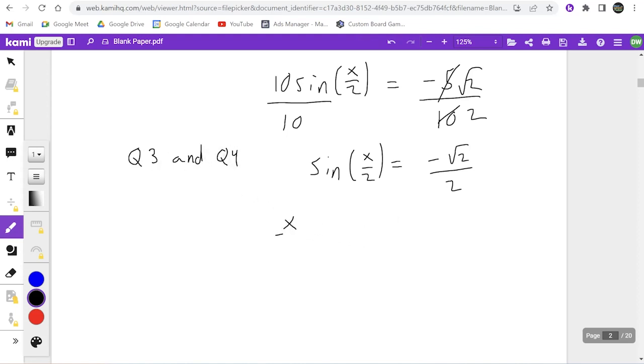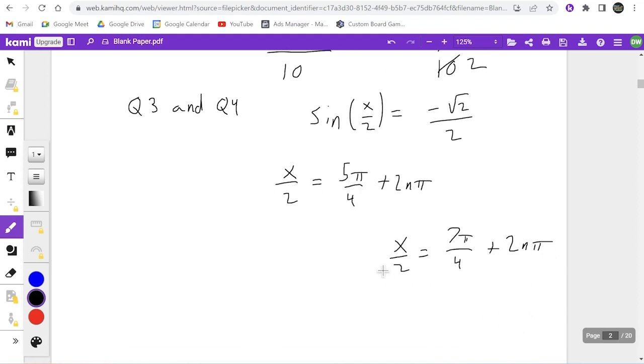So that means x over 2 is equal to 5 pi over 4 plus 2n pi. And I'm also going to get x over 2 equals 7 pi over 4 plus 2n pi. And like I said before, the secret to this problem, multiply both sides by 2 now. For this one, you're going to get x equals 5 pi over 2 now. Why?